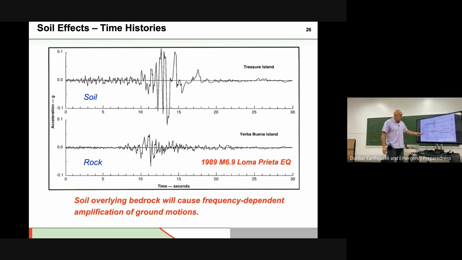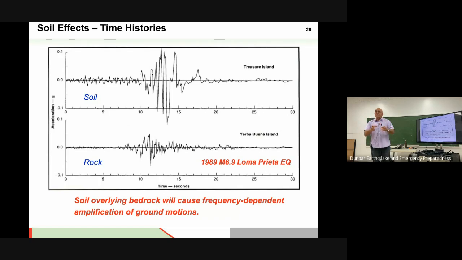So here's an actual example of records obtained in Loma Prieta. You can see the rock motion, and this is the subsoil. If you remember in San Francisco going to Oakland, there are a couple of islands in between. One is called Yerba Buena Island, and the other is called Treasure Island. Yerba Buena Island is where the bridge is founded.